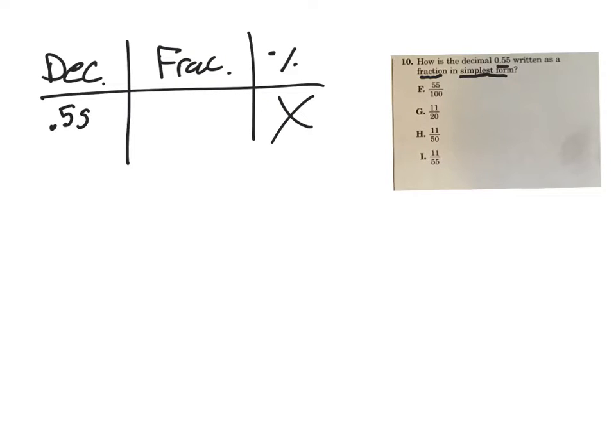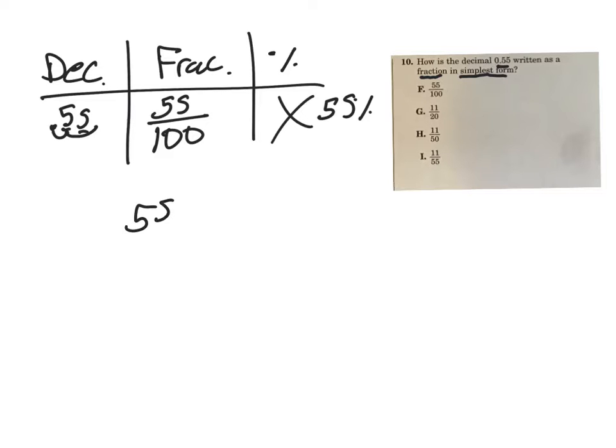So I don't need to worry about percent, even though I could do it, it's 55%. I just take that over 2 and add a percent. Or I could just say it, 55, not tenths, hundredths. 55 hundredths. And that's the fraction, but I want it in simplest form.